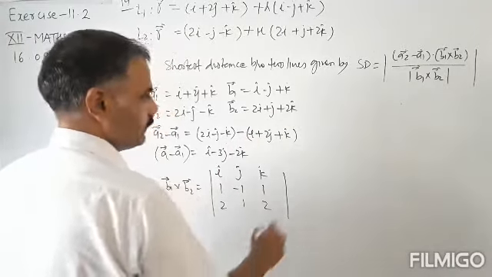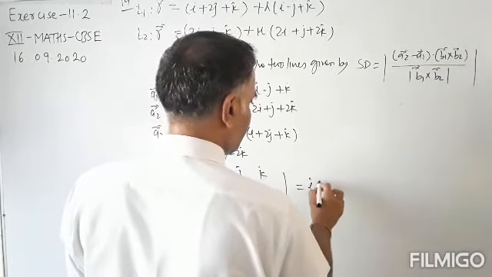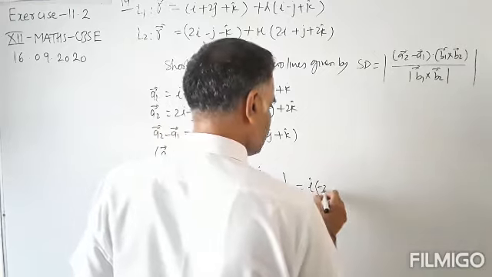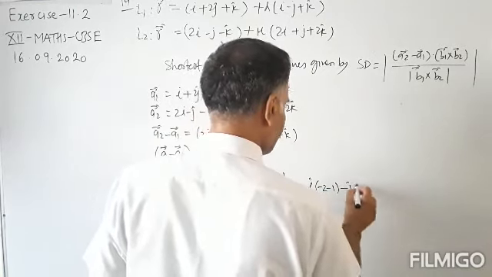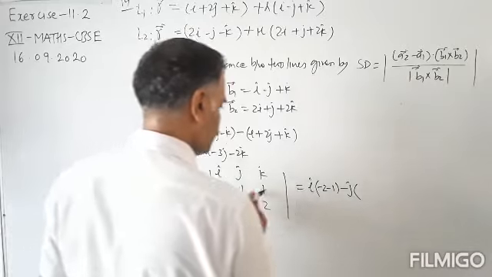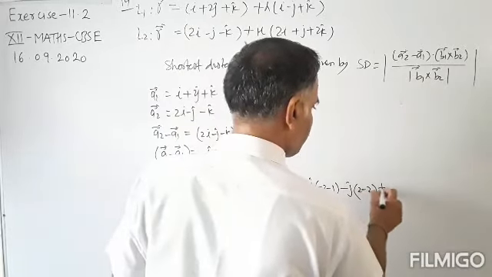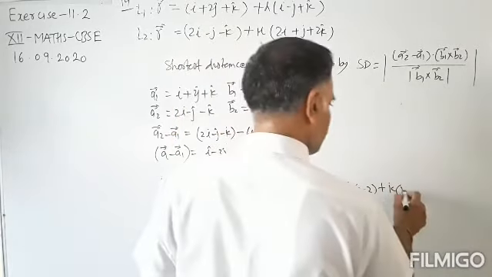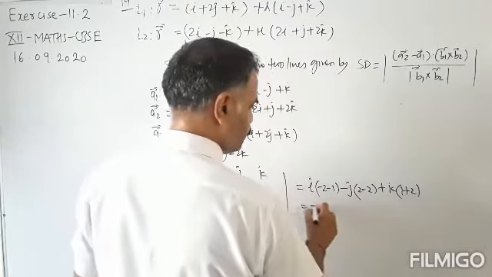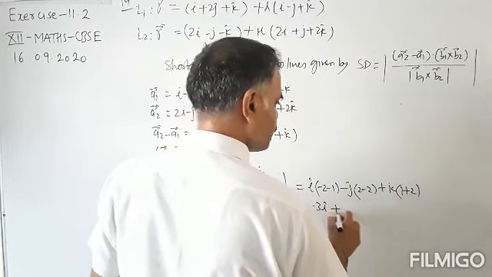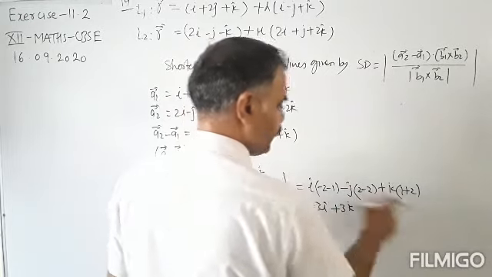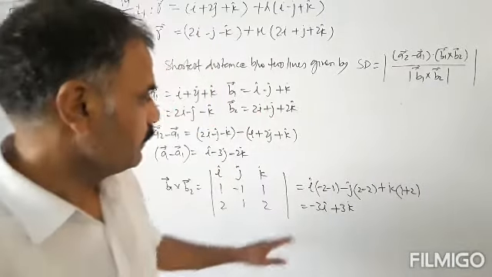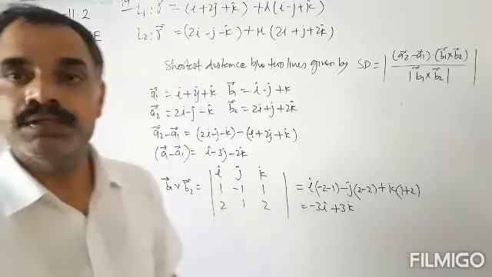Solving this, we will have i cap (−2 − 1) minus j cap (2 − 2) plus k cap (1 + 2). So it equals −3i cap plus 3k cap, and the component of j cap is not present, meaning 0j cap. Okay, now this is b1 vector cross b2 vector.